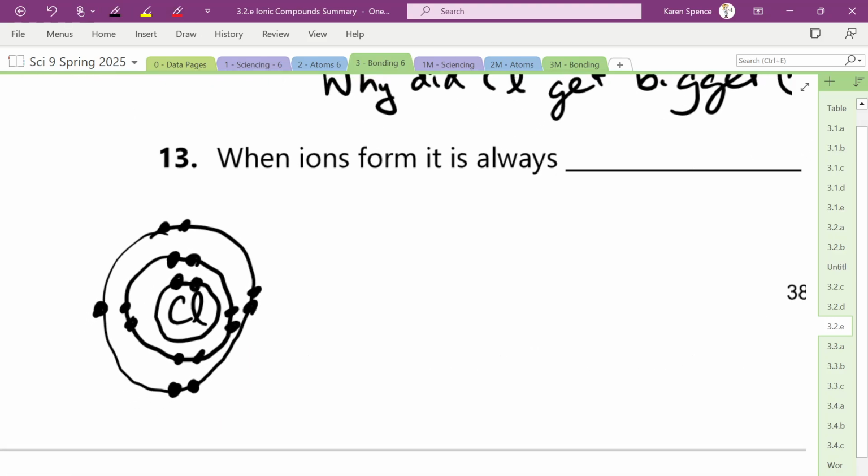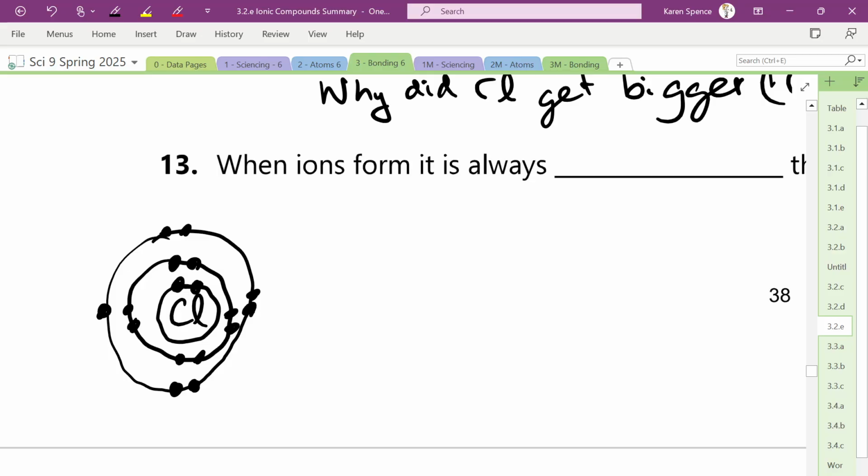Where does the incoming electron go? It still goes into that same shell. It goes into that empty spot right there. So we don't actually gain a new shell with chlorine. But what are we putting close to each other? We just put another electron close to an electron. And what do electrons do to one another? They repel.